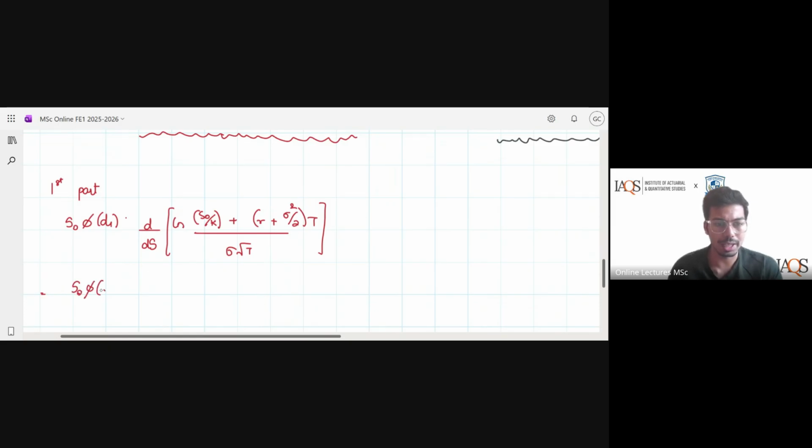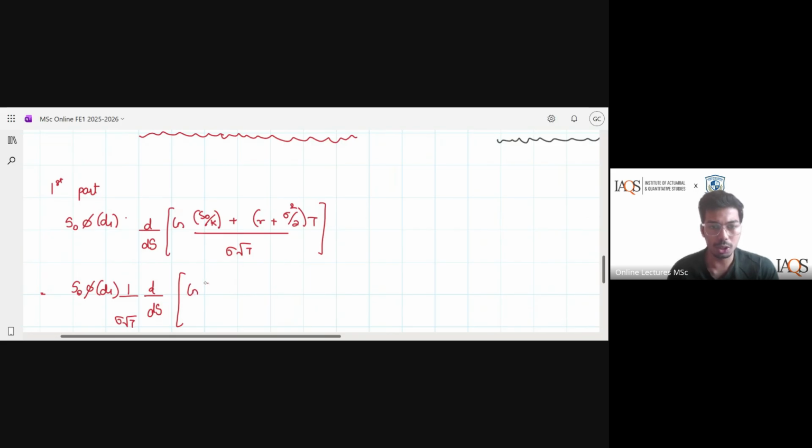I know this can ideally be written as log of S0 by k divided by sigma root t. Should I write sigma root t outside because that is independent of s? I know sigma root t is not going to get hampered because of the derivative because it doesn't have s in it. So I write 1 by sigma root t outside of it.